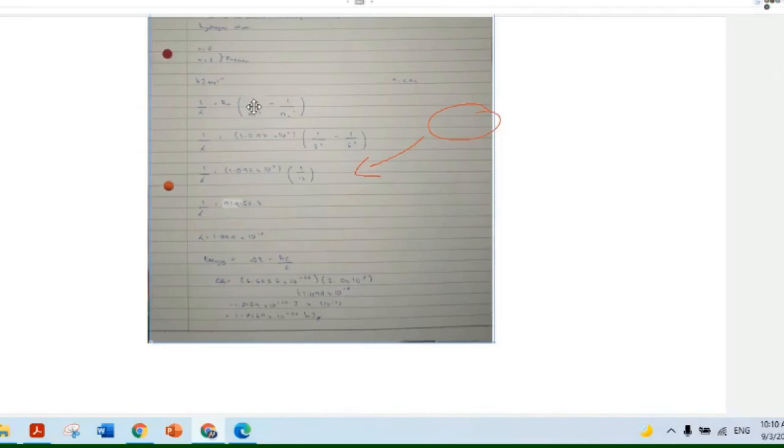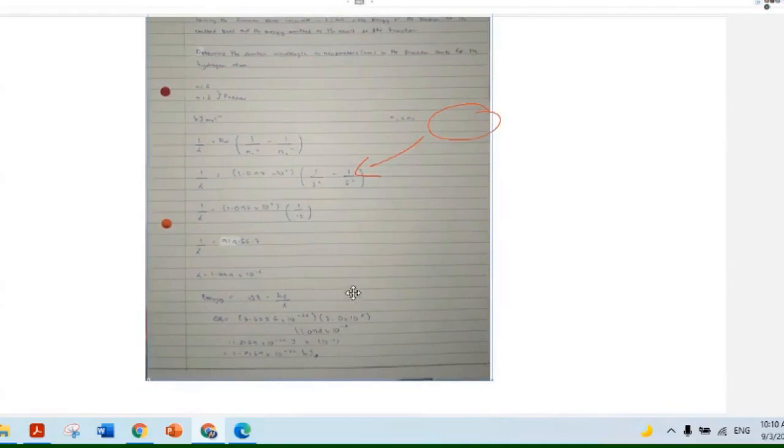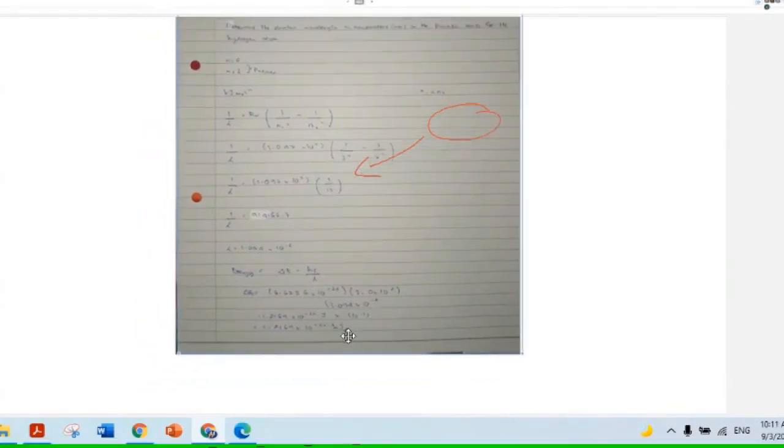Oh, you kira lambda, lepas tu sambung delta E. Okay, delta E dapat 1.8169 darab 10 kuasa negatif 22 kilojoule. Okay, lepas tu sama juga. Dia nak kilojoule per mole. Kat sini you kena darab Avogadro constant juga.